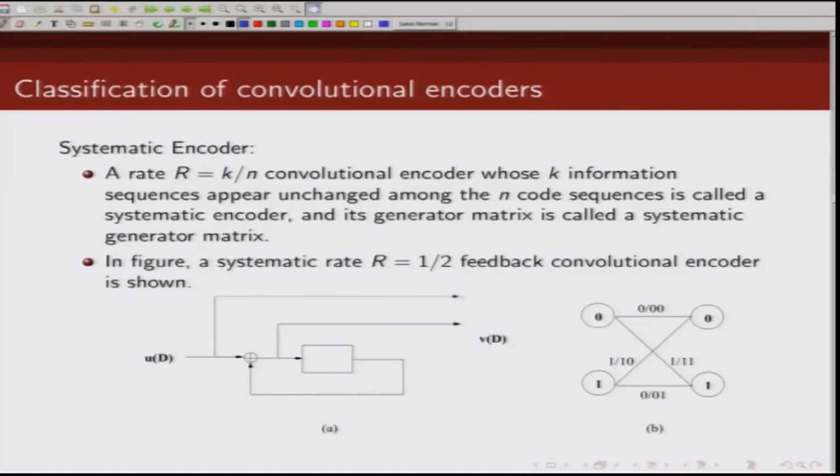You can see here the first coded bit is nothing but the information bit, and the second coded bit is the parity bit basically coming out from this convolutional encoder. So, from these two coded bits we can easily find out what the information bit was. So, we can separate out the information bit from the coded bits, and this is an example of a systematic encoder.